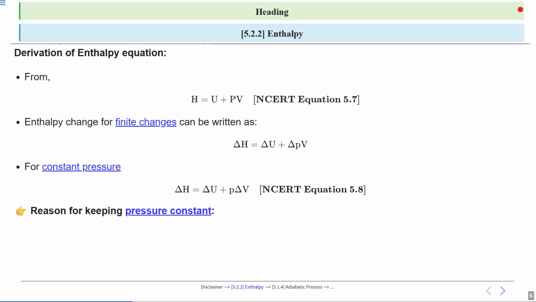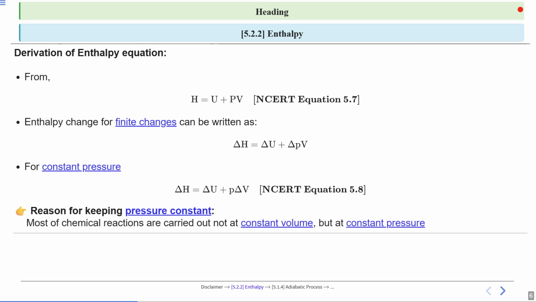Now what is the reason that we are keeping the pressure constant? Why are we trying to define an equation that is related at constant pressure? The reason is that most of the chemical reactions that you do in the laboratory are done in the atmospheric pressure, which is present around the laboratory.